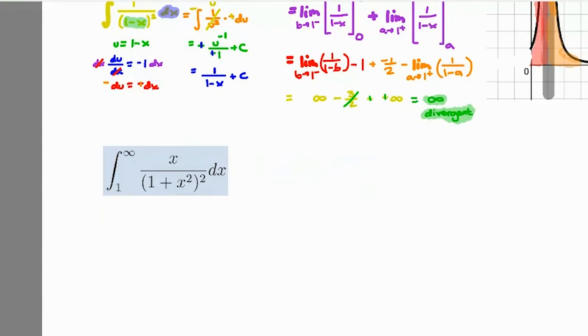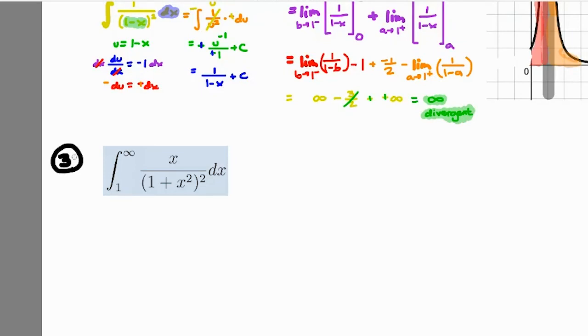All right, so we have a lot going on in this one. It's definitely a U sub problem because we have a buried function in there. You can't look at that and go, oh, there's a rule for that. There is no rule. You have to use integration by substitution. And then you'll see that you can use an integration rule after that. But until then, we do have to do integration by substitution on this problem.